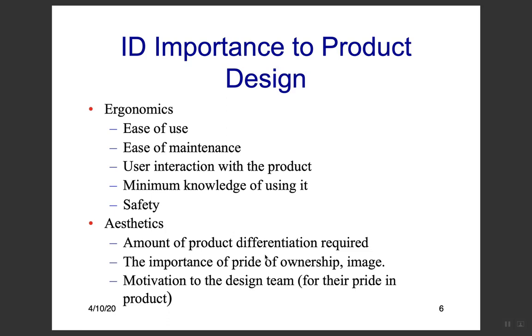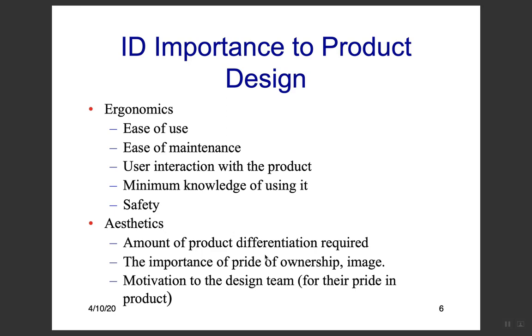If you still remember, in chapter 2 we learned identification of customer needs, right? In that chapter, we tried to look at what the customer wants, and then what the customer needs, and then we interpret and put them on the what's of the house of quality. So these are the criteria for the product we should design.